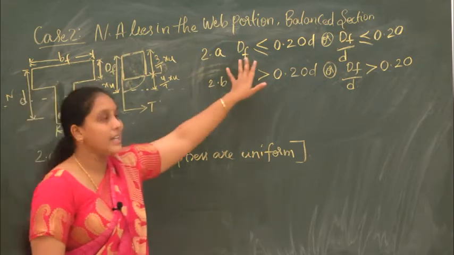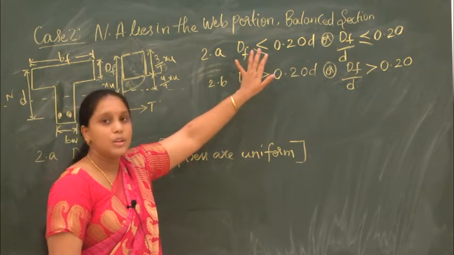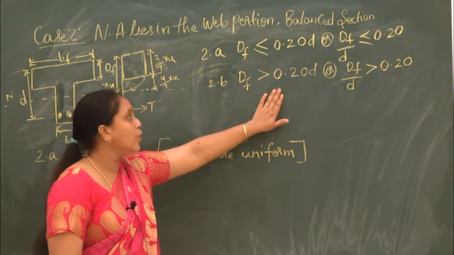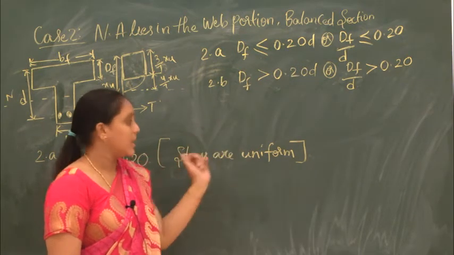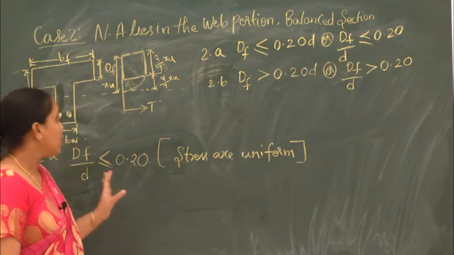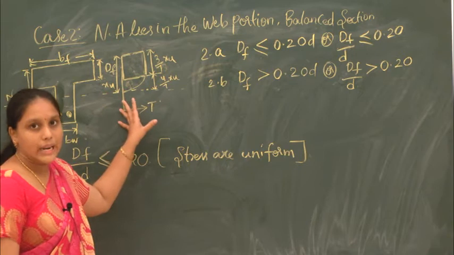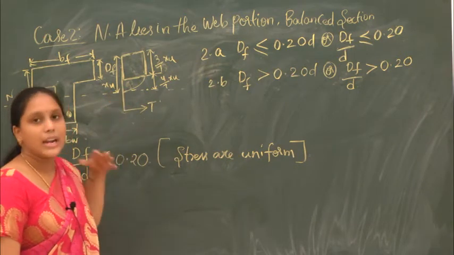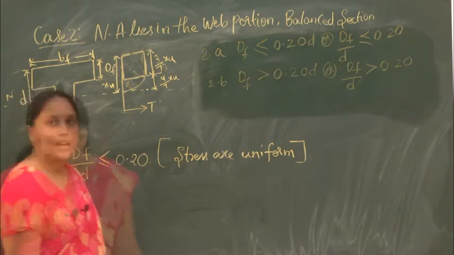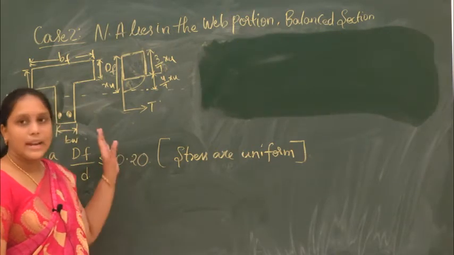So this is a case where the stresses are uniform, and the other is the case where the stresses are non-uniform, which we are going to see next. So here the stresses are uniform. Now we are going to analyze this, and by analyzing we are going to calculate the moment of resistance. Now let us analyze this.